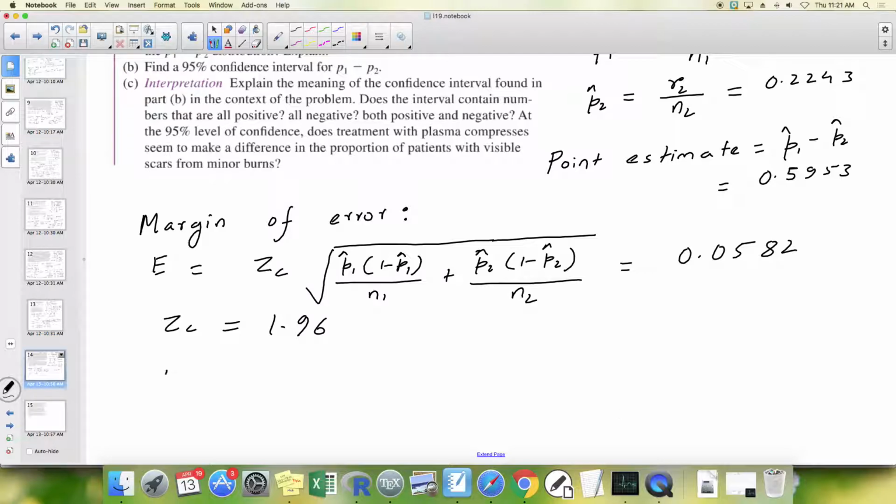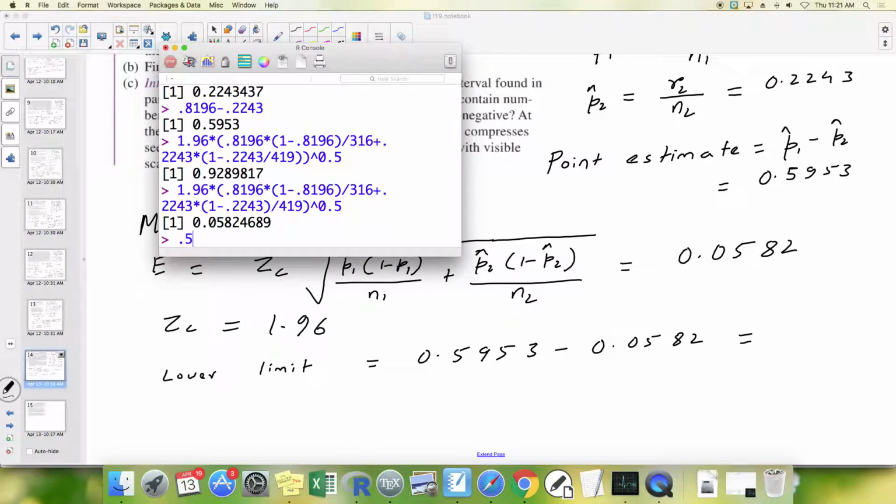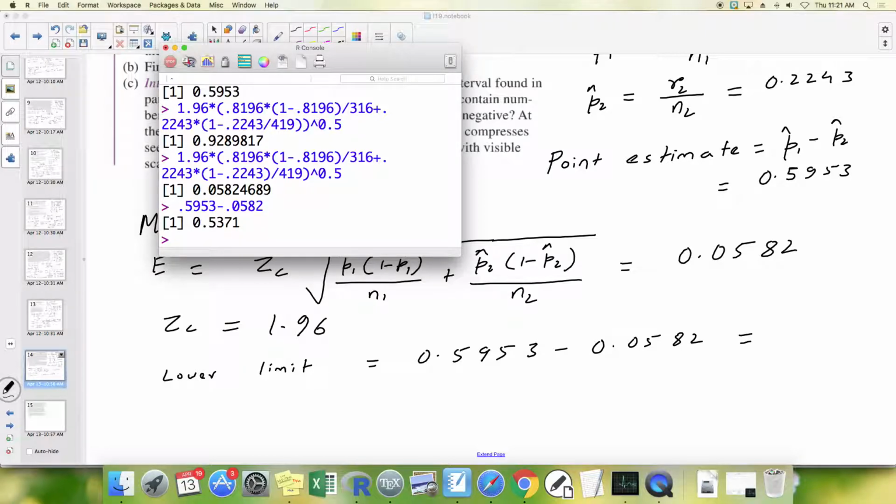So your lower limit is point estimate minus margin of error, which is 0.5371.